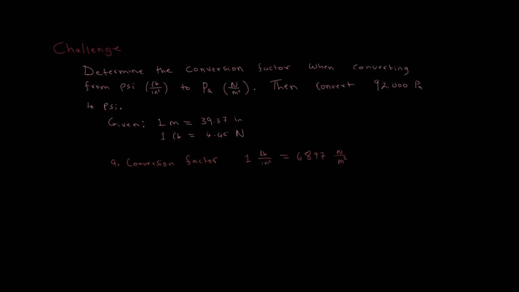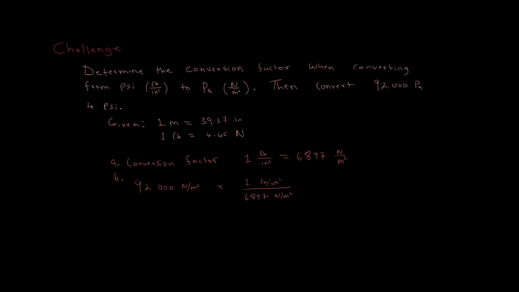Now that we have our conversion factor, let's convert 92,000 pascals to PSI. Since we know that 1 PSI is equal to 6,897 Newton per meter squared, or pascal, we multiply 92,000 Newton per meter squared by 1 pound per square inch, and then we divide that by 6,897 Newton per meter squared.